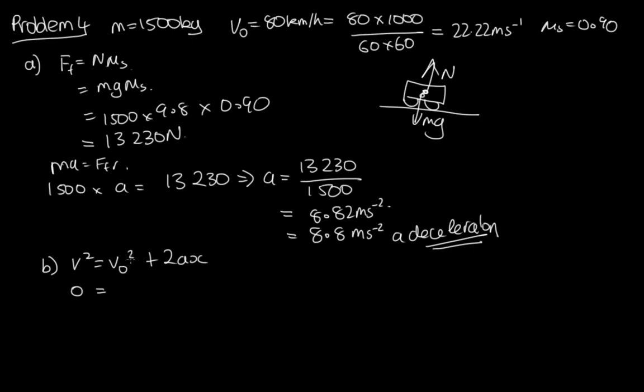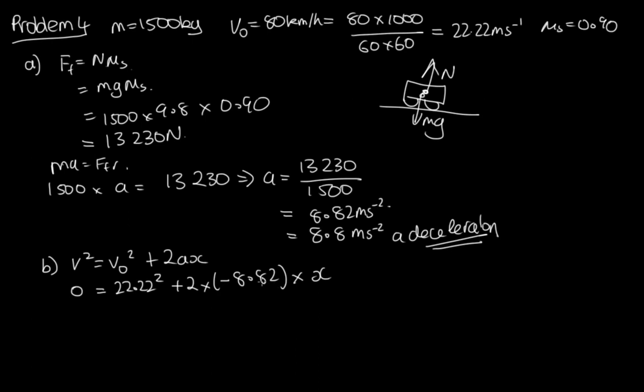So v0 squared, this is the initial velocity squared. So it starts at 22.22, and we should square that, plus 2. Now, the acceleration is acting in the opposite direction to the velocity because it's acting to slow it down. So that's got a negative sign in front of it, times x, and this x is the stopping distance.